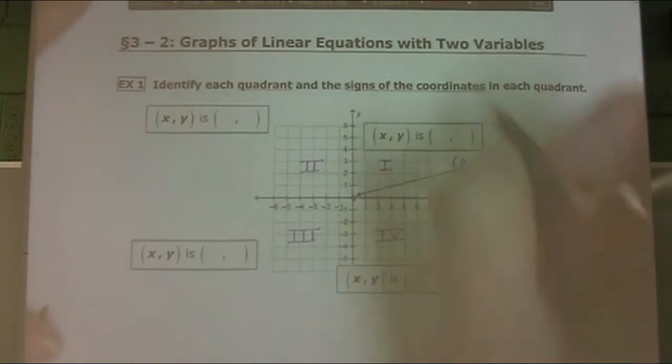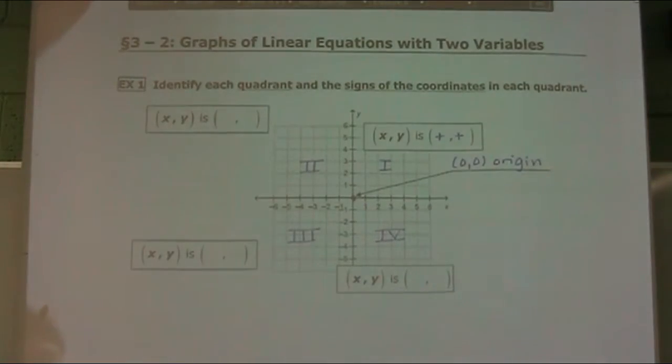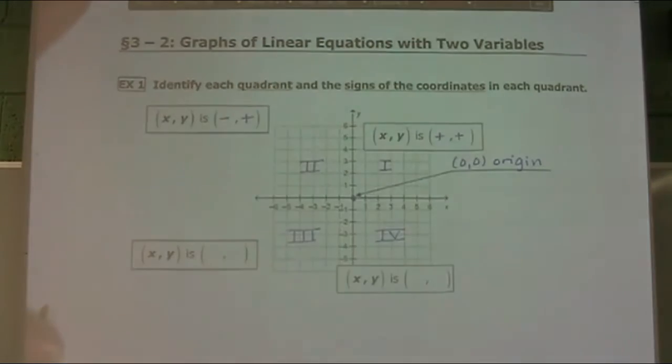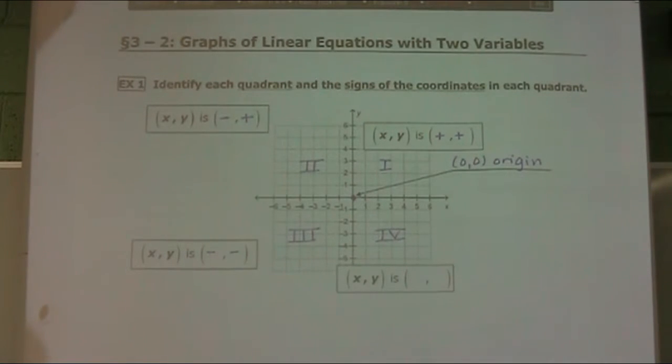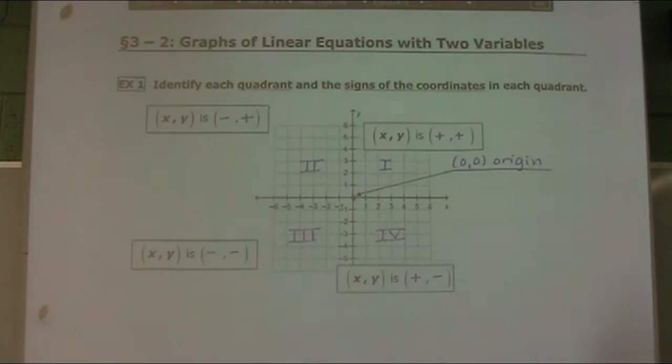So in quadrant 1, x and y are both positive. In quadrant 2, x is negative, but the y coordinate is positive. In quadrant 3, both the x and y coordinates are negative. And finally, in quadrant 4, the x coordinate is positive, but the y coordinate is negative.